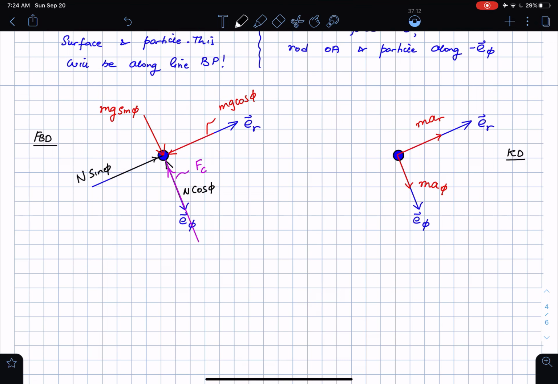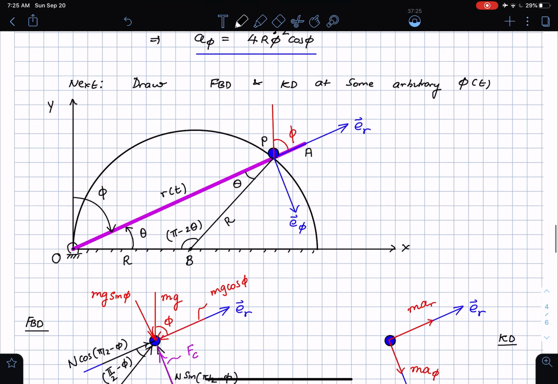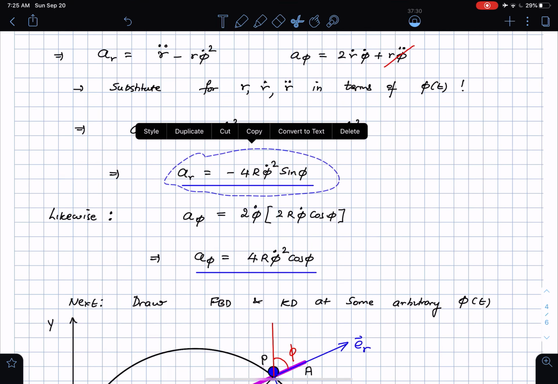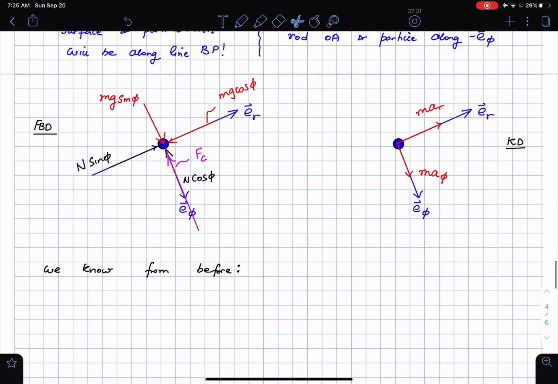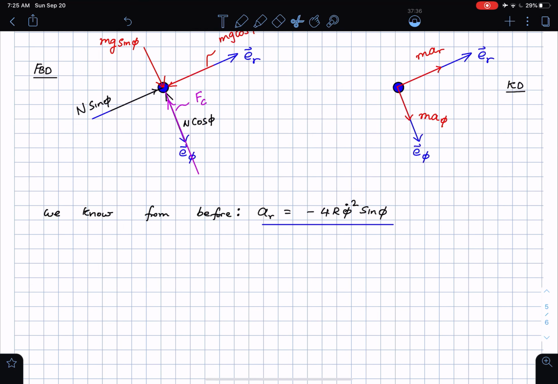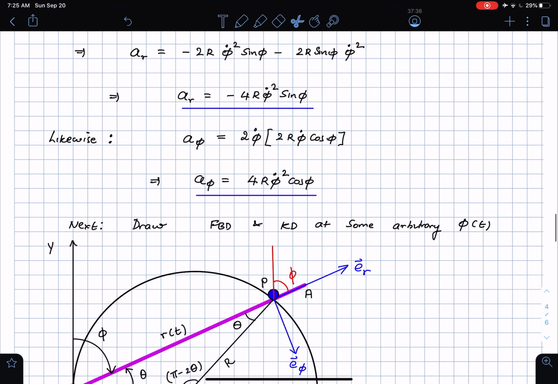So these are the forces on my free body diagram and forces on my kinetic diagram, and then we also know some things from before. What are the things that we know from before? If I go back, scoot up to the figure, I know AR and A phi. So I'm going to copy AR and bring it here, and then one more thing I have to bring is A phi.